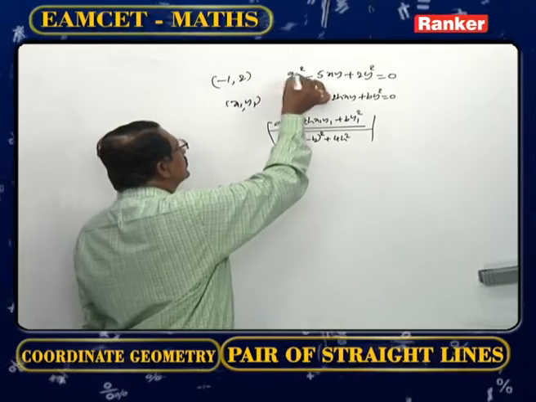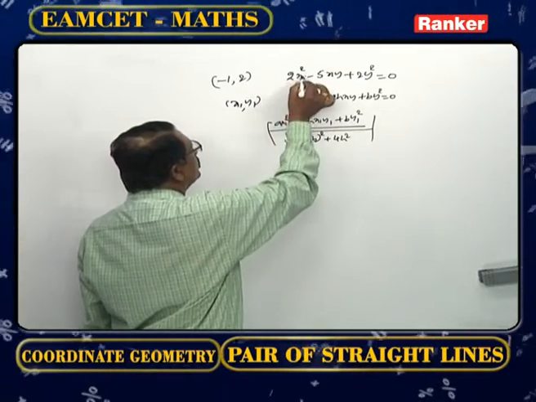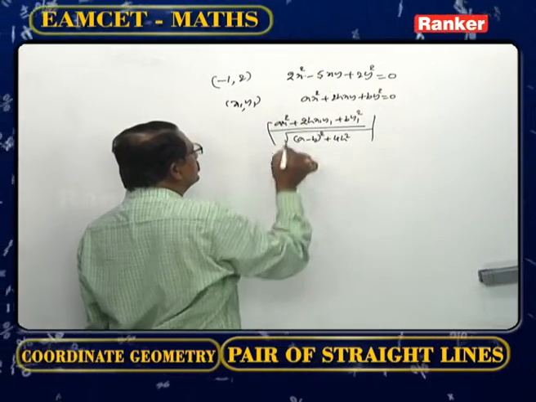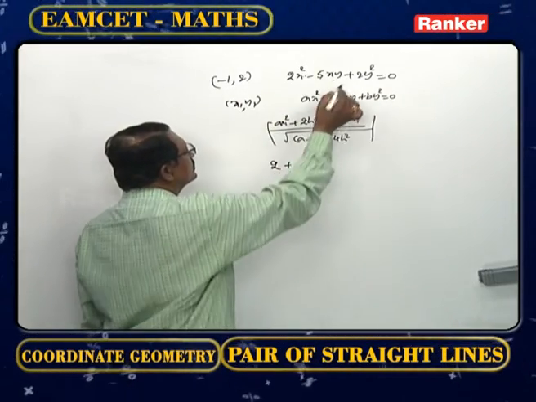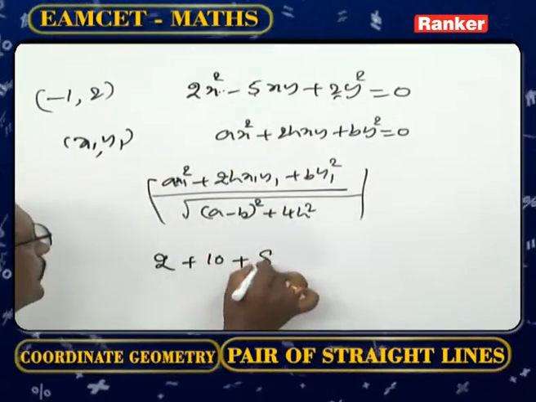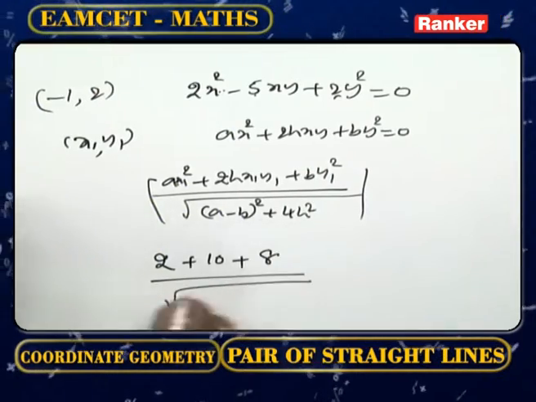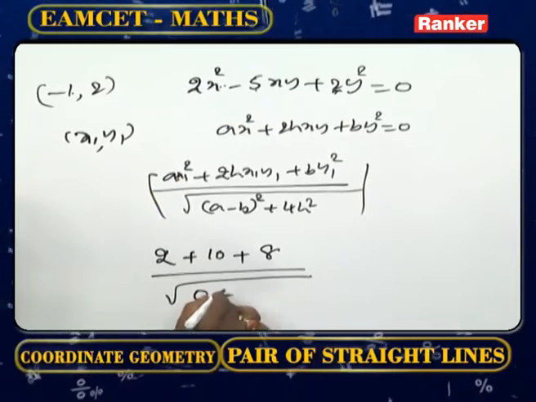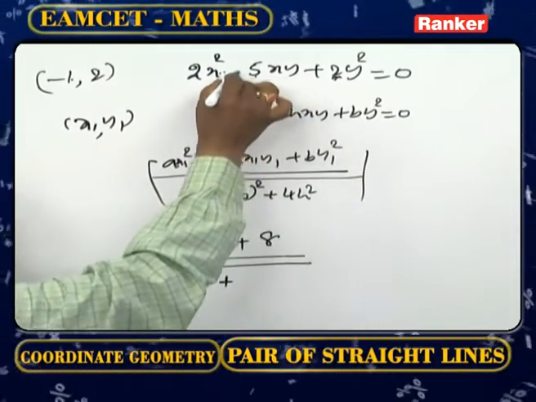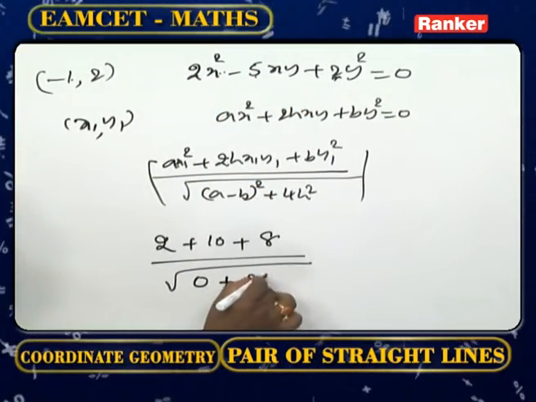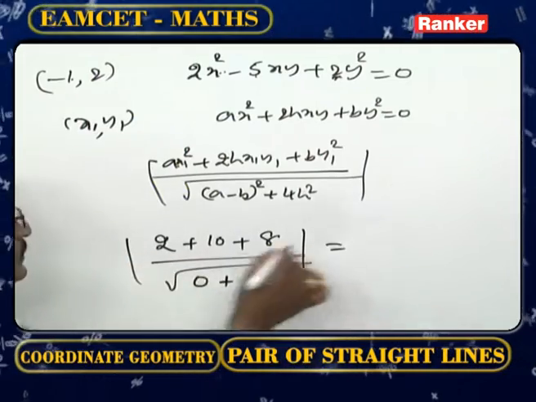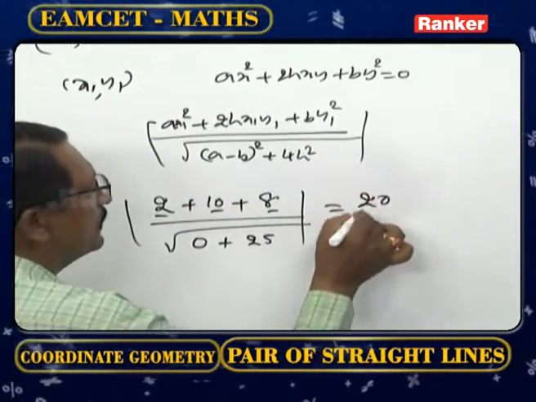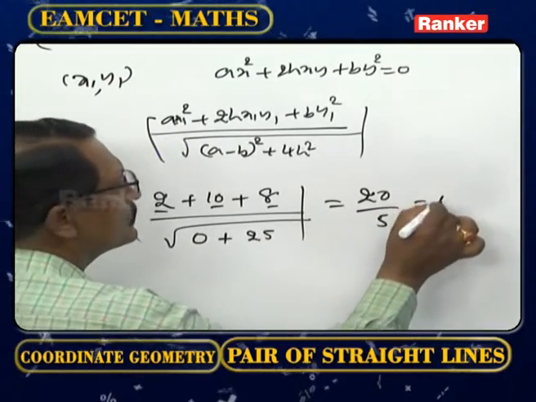Now, minus 1 comma 2 substituting in the given equation, we get 2 into minus 1 whole square 2 minus 5 into minus 1 into 2 plus 10 plus 2 into 2 square 8 by square root of a minus b whole square, a minus b 0 plus 4h square, 2h equals to minus 5, 4h square equals to 25, that equals to 2 plus 10 plus 8, that equals to 20 by root 25 5, that equals to 4.